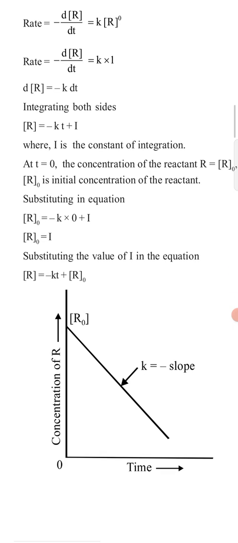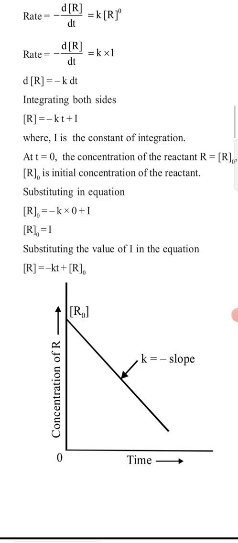If we plot the concentration of the reactant with time, we will get this kind of graph, because it is y equals mx plus c, and the slope will be negative: minus k equals the slope. So this is the graph of the concentration of the reactant versus time.